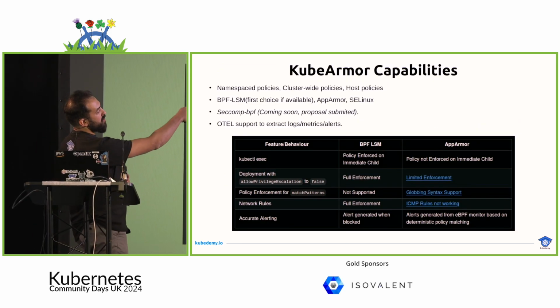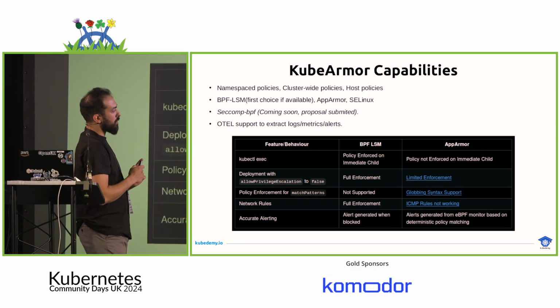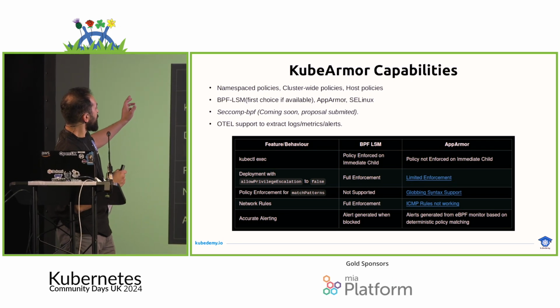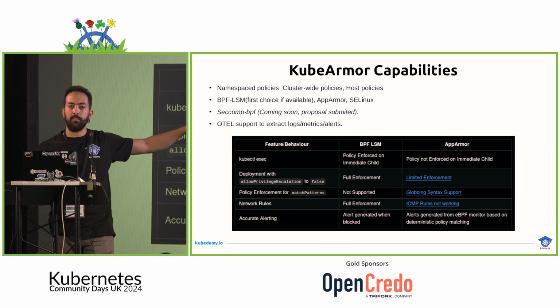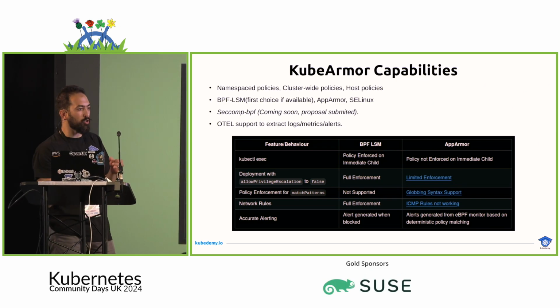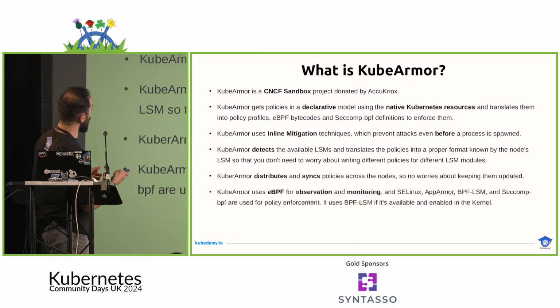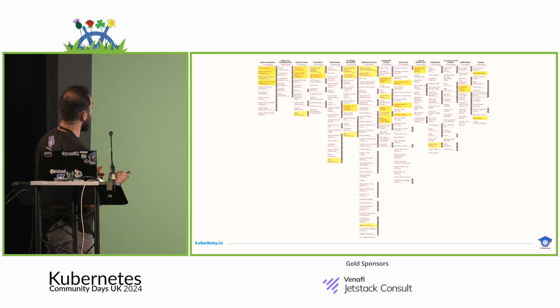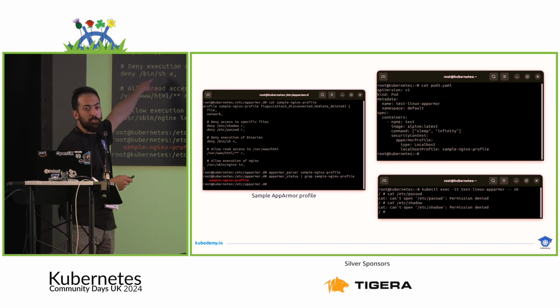In the case of BPF LSM and AppArmor, if I try to compare them, when you try to use a kubectl exec command, when you provide an AppArmor profile for your application, you can check that. For example, if I get back to this example, I deny the sh command.